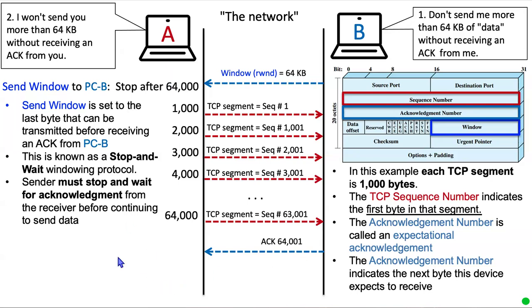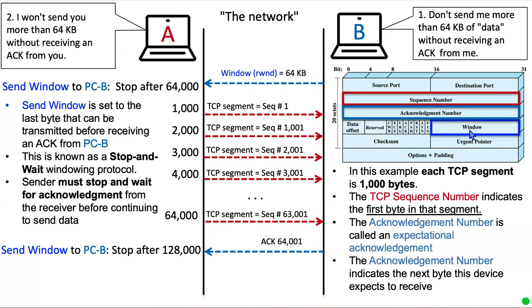So now that PCA has received this acknowledgement from PCB, it says, okay, let me change my send window, so I'm going to change my send window specifically to PCB. Might be sending other data to other devices, we might be doing different things here, but specifically to PCB, I can continue to send data starting at byte 64,001, but I have to stop at, well, it's still the window size, which would still be included, by the way, in this acknowledgement.